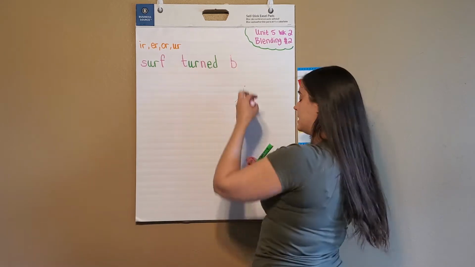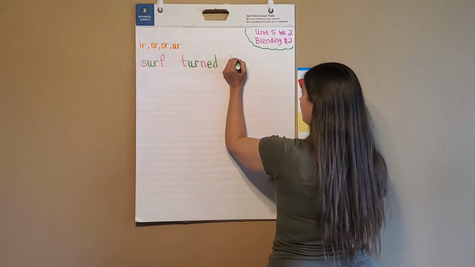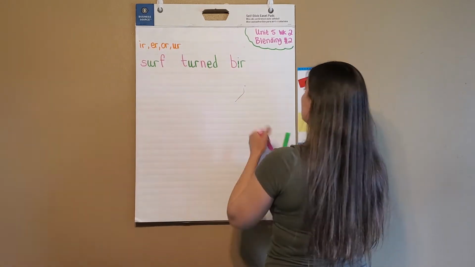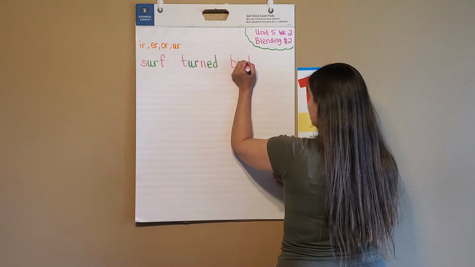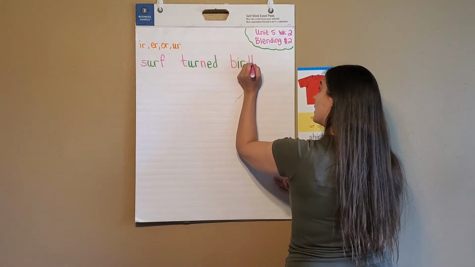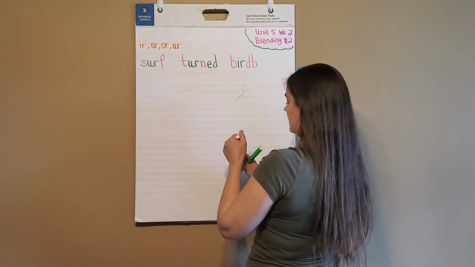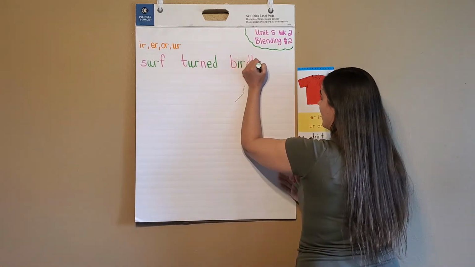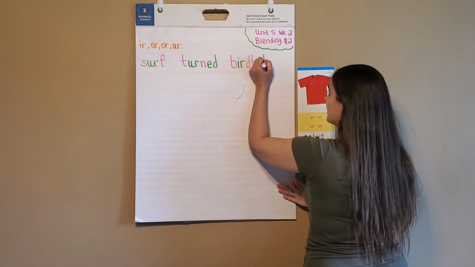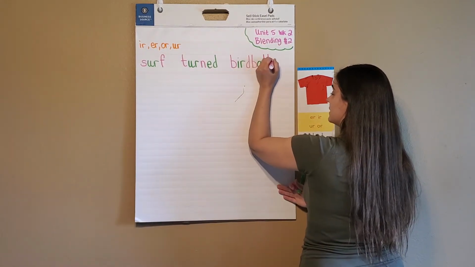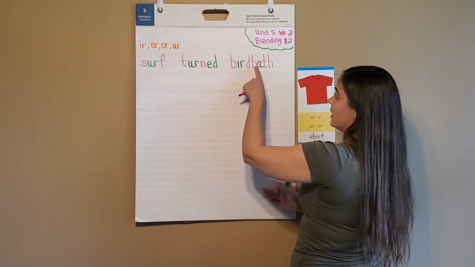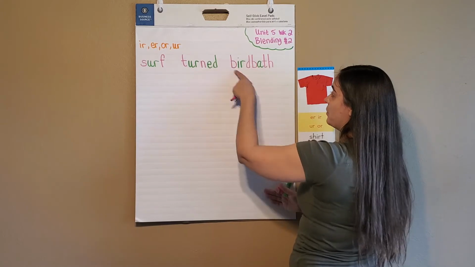All right, next word, bird bath. So B says ba. IR says the sound. D says da. Ba, short A, TH, ba, da, ba, bird bath.